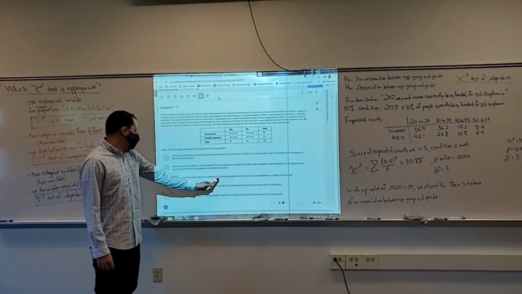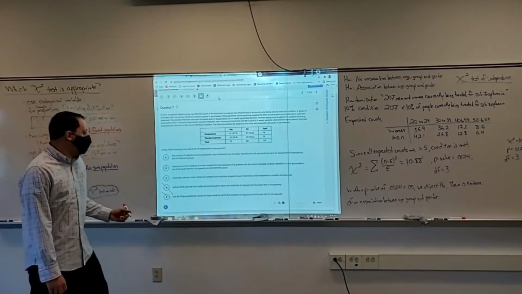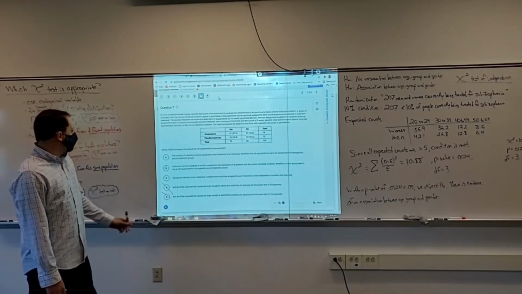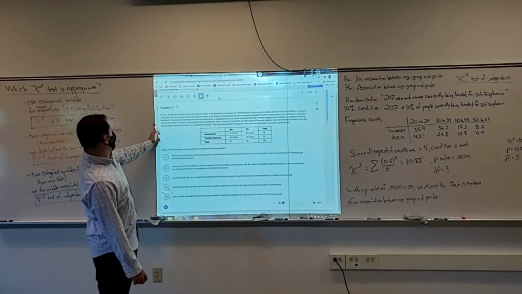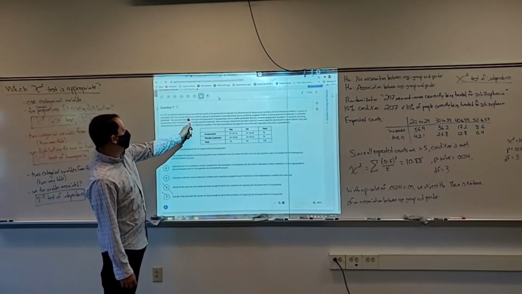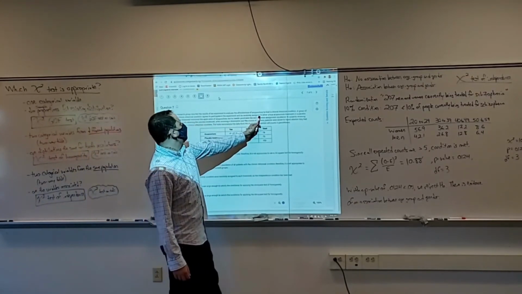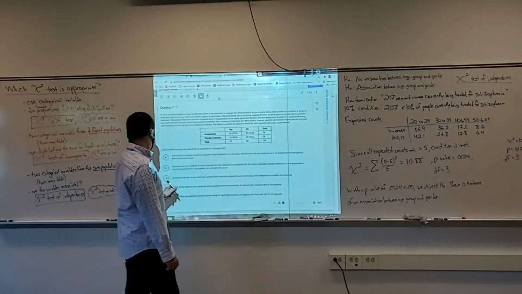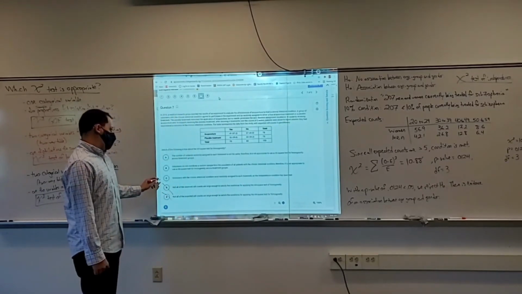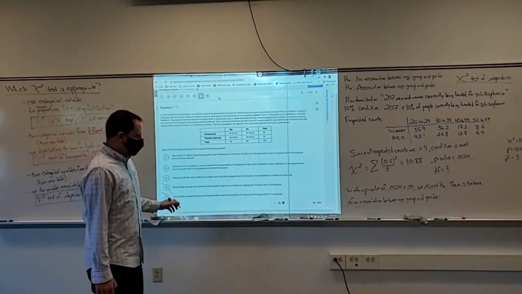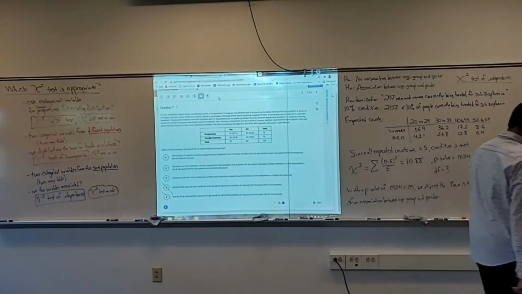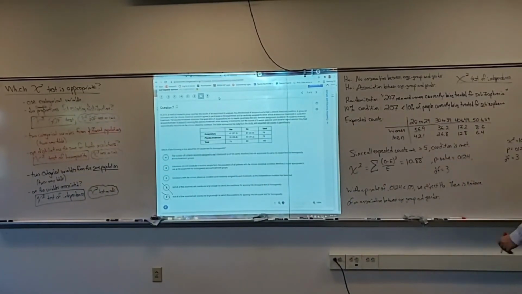It says volunteers were randomly assigned, so independence has been met. Were they randomly assigned to each treatment? Yes, randomly assigned to the treatments. So that looks good. Is that the answer here? I think it is. Yeah, that's correct.